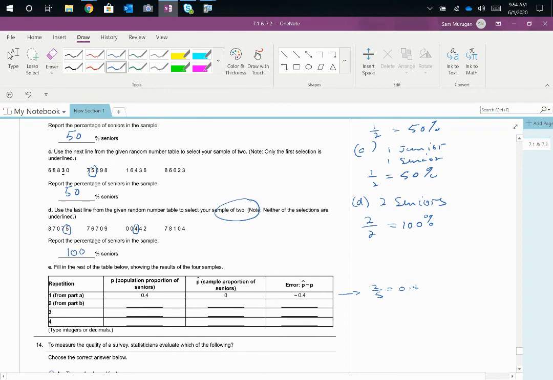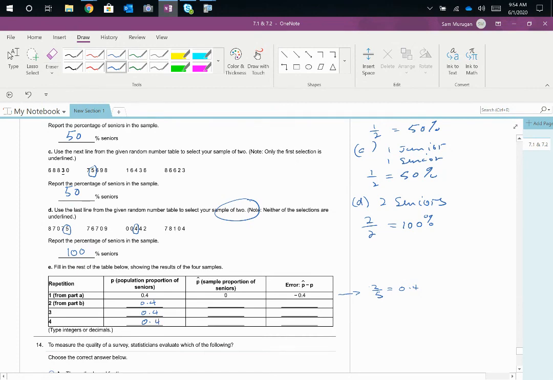From part B, the population proportion of seniors again is 0.4. We don't need to recalculate that. Actually that number would be the same for all of these, wouldn't it? Yes, the population proportion of seniors doesn't change. There are 2 seniors in every group of 5.